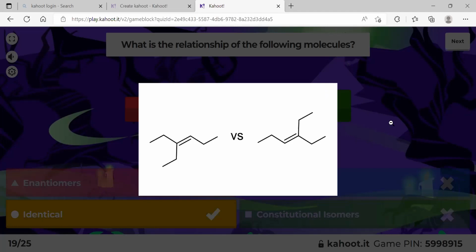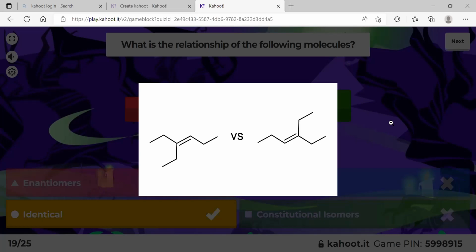So when it comes to this, you need to find out if the two molecules have the same chemical formula. That's the first thing we do. Find if they have the same chemical formula. Once you have determined that, you have to name them.